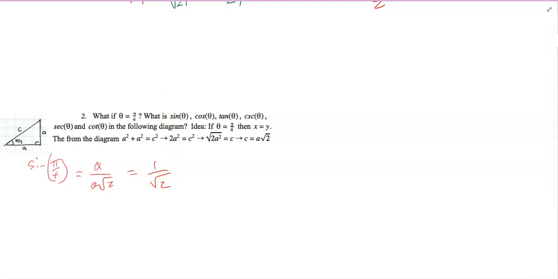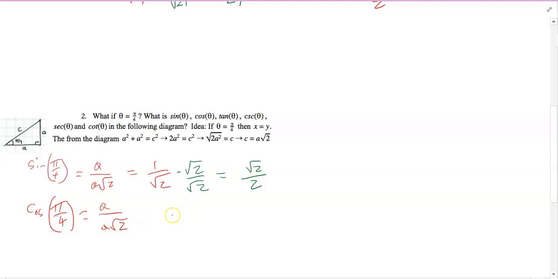If we rationalize this by root 2 over root 2, we get root 2 over 2. Okay, so now the cosine of pi over 4. Again, cosine is adjacent over hypotenuse, that's a over c, that's a over a root 2, which we already found was going to be root 2 over 2.